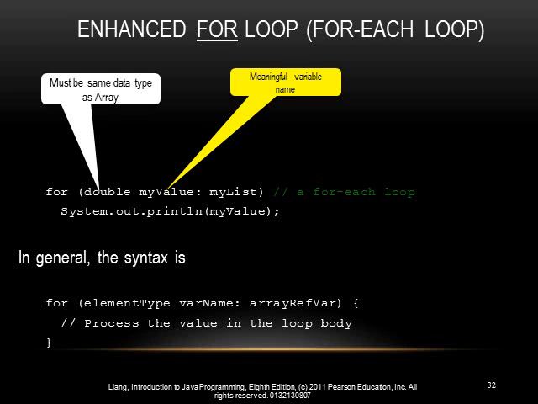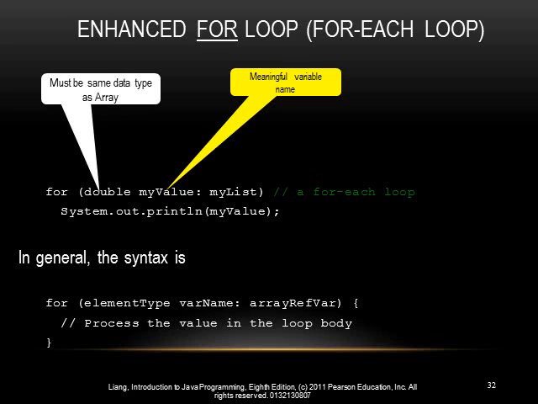Finally, you need to be aware that the variable used to receive the values from the array must be declared in the for each loop. In our example, double myValue needs to be declared as shown.